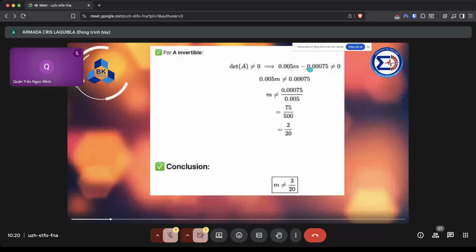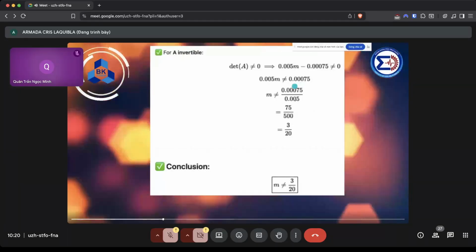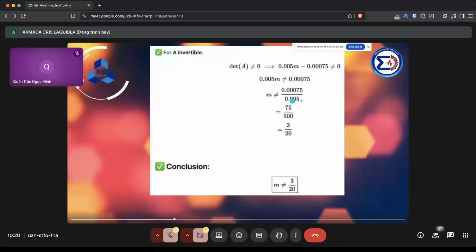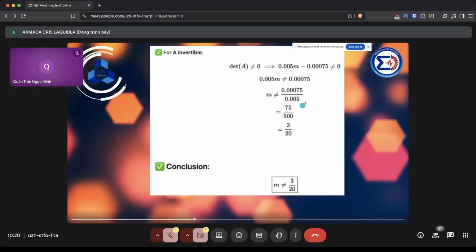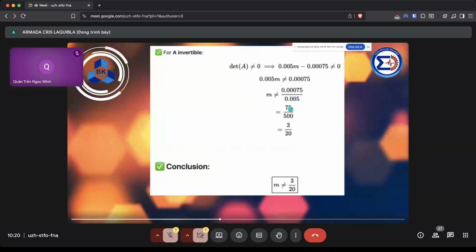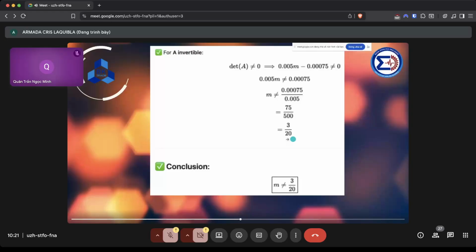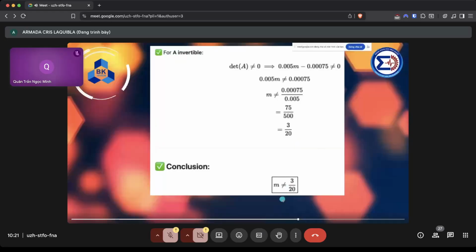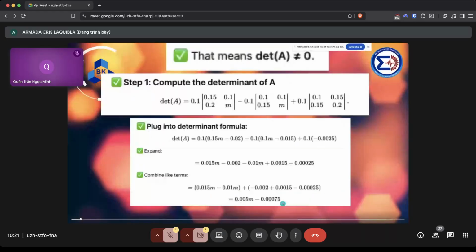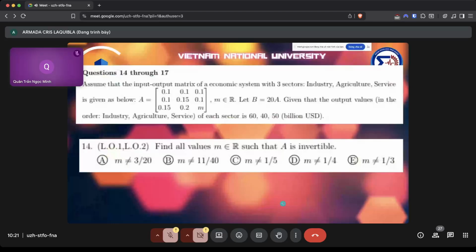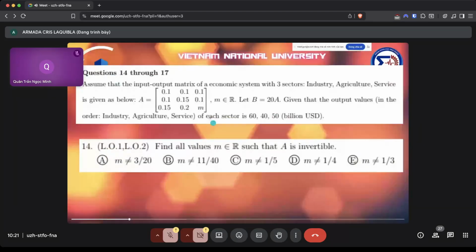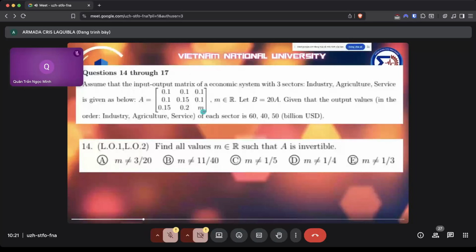It becomes positive. Now divide both sides by 0.005. That's equal to 75 over 500, or 3 over 20 in the simplest form. So your m must not be equal to 3 over 20. If your m is 3 over 20, then the determinant becomes 0 and it is not invertible anymore.